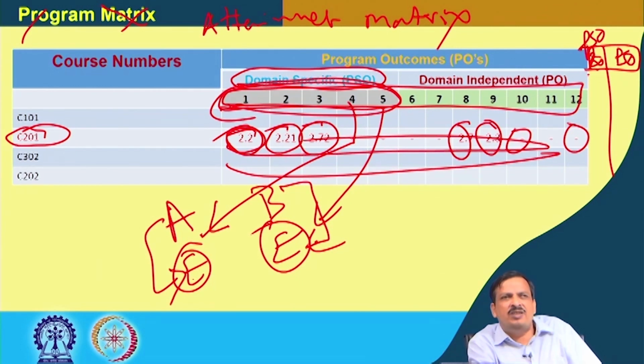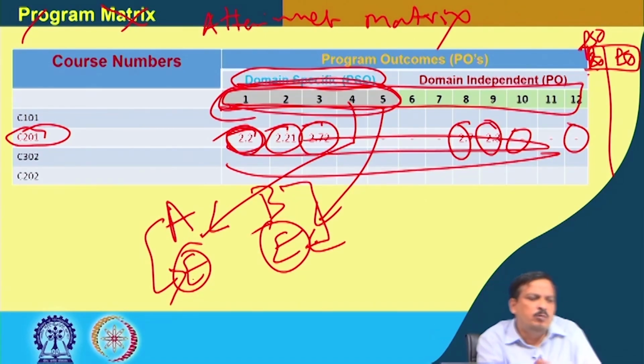Then, based on the CO, calculate the average weight. Once you calculate the average weight, match it with the course matrix and calculate the weight. Once you find that out, put the course weight in this matrix. Very simple, done. Okay.